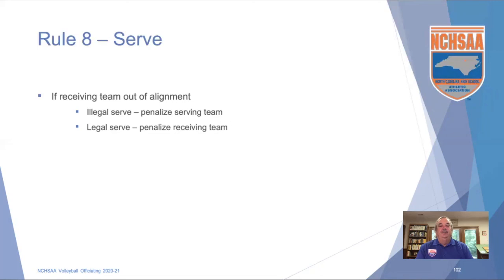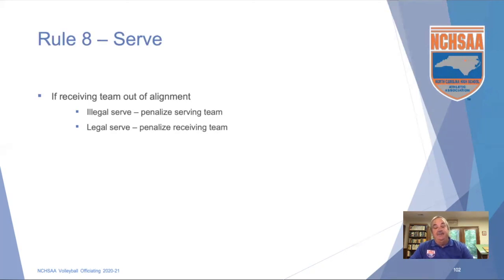So the reason the previous terminology is important is only in the case of the receiving team being out of alignment as well. If the serving team has either an illegal serve or a service fault, clearly we're going to give the point to the receiving team and the term of service is going to end. But if the receiving team happened to be out of alignment at the same time, then we need to know how to administer that.